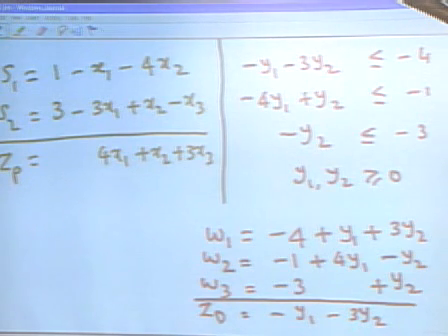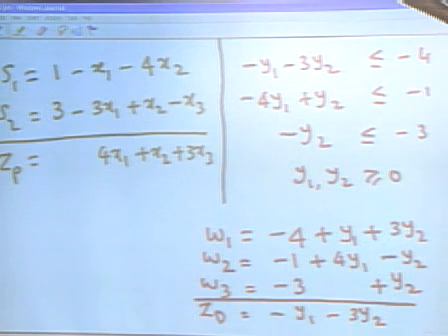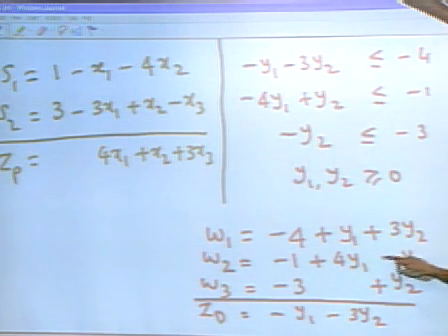So the X1 column had -1, -3, and 4. The W1 row has -4, 1, and 3. Similarly, the X2 column has -4, 1, and 1 in the green, so the W2 row has -1, -1, and 4.